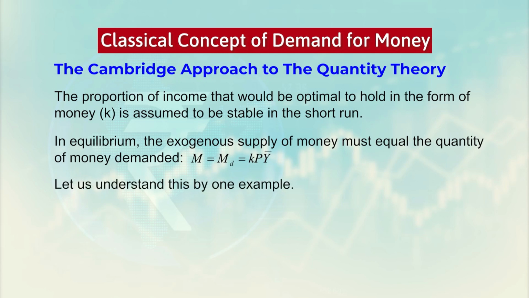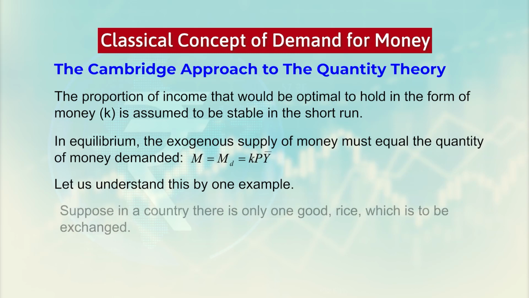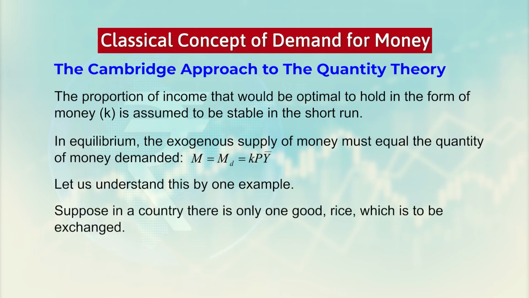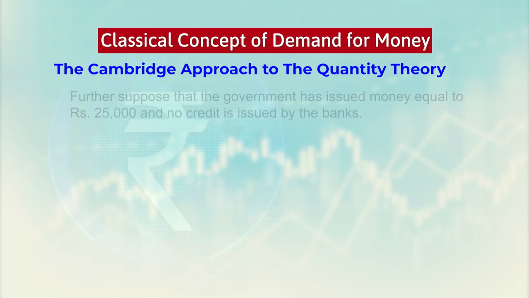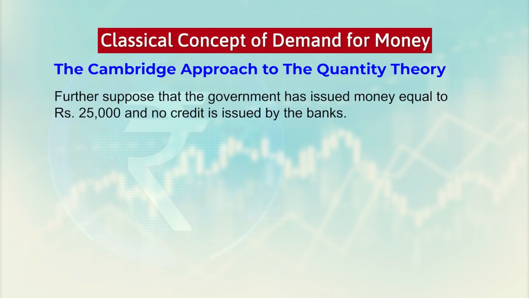Now let us understand this by one example. Suppose in a country there is only one good, rice, which is to be exchanged for some purpose. If 2,000 quintals of rice is produced in the economy and the money issued in the economy is 25,000 and no credit is issued by the banks. Mind it, no credit issued by the bank means there is no savings from the government perspective. There is no deficit. This is called classical form of constraint.